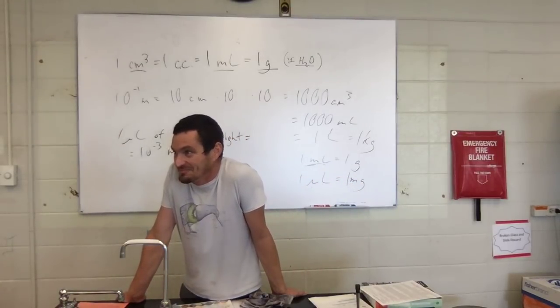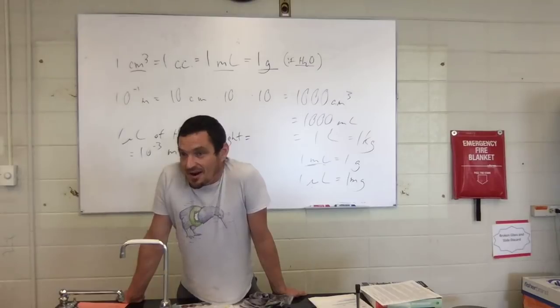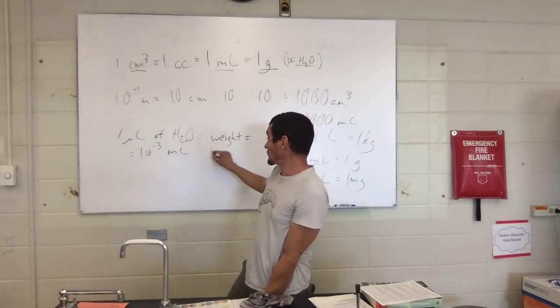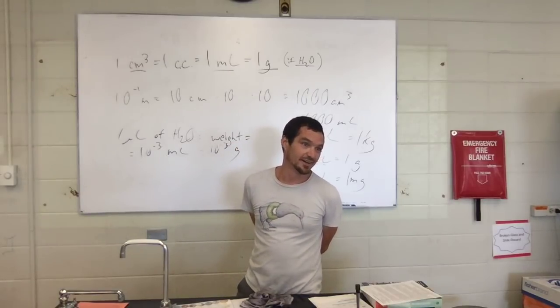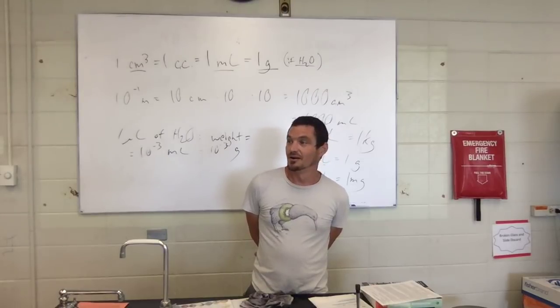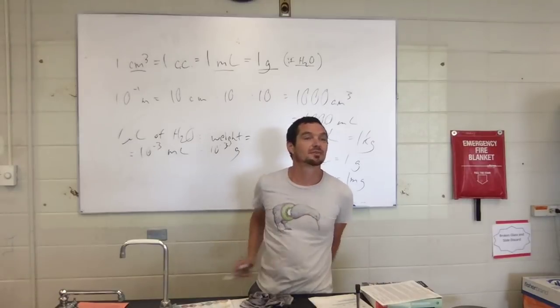That's embarrassing. Okay, 10 to the negative third milliliters equals 10 to the negative third grams. That's how you can get a microliter equals a milligram. Okay, next question.